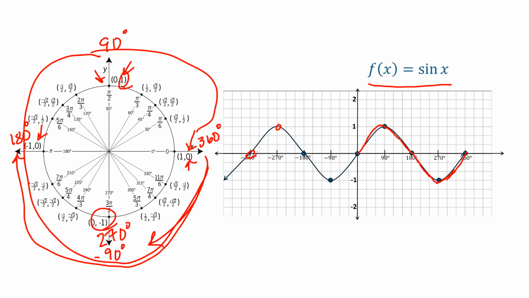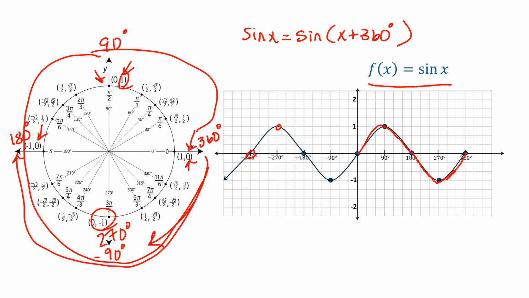Now, how often does it get repeated? It gets repeated every 360 degrees. So in other words, the sine of x is equal to the sine of x plus 360. And it's equal to sine of x plus 720. And it's equal to sine of x plus 3 times around the circle.